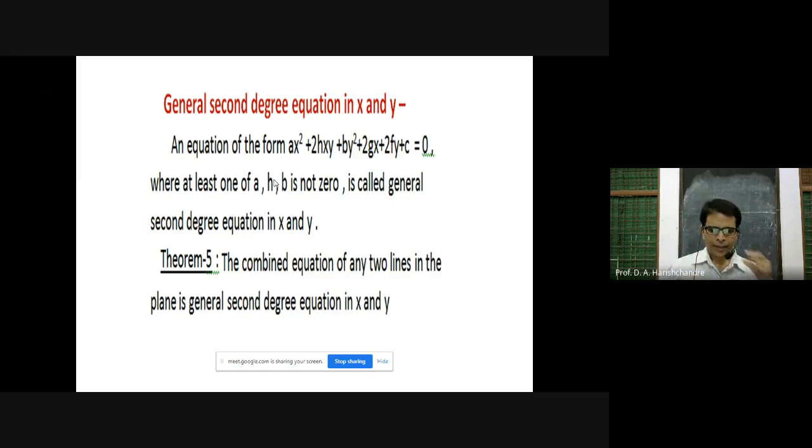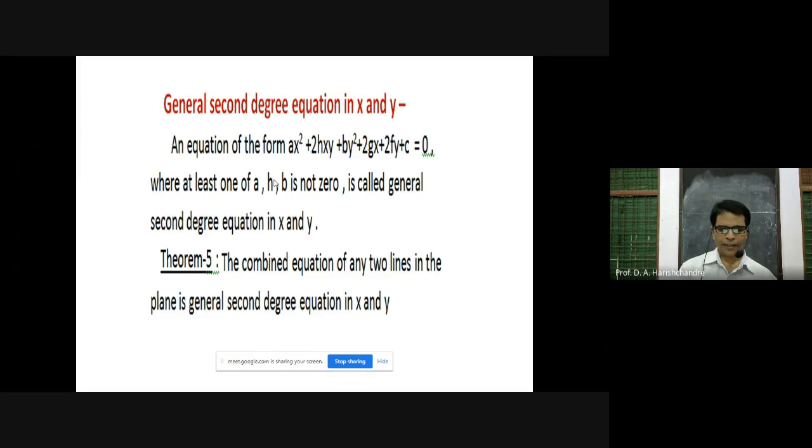An equation of the form ax square plus 2hxy plus by square plus 2gx plus 2fy plus c is equal to 0, where at least one of the coefficients a, h, and b is not 0. In this equation, out of these three coefficients, we require at least one of them to be non-zero.